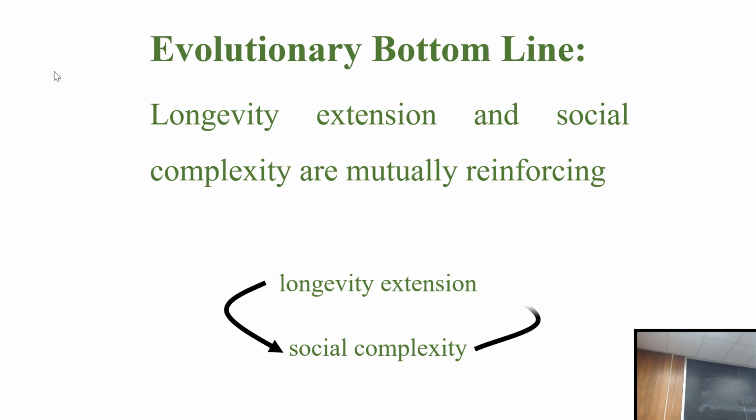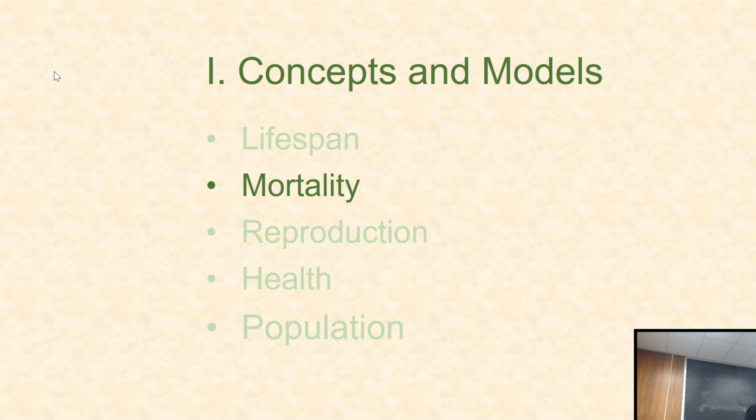Anybody know a hornet's nest or whatnot, those are really defended fiercely, okay? So the bottom line here is that longevity extension and social complexity are mutually reinforcing. You have longevity extension, which sets the stage for greater social complexity, but then this greater social complexity sets the stage for greater longevity, okay? So that's how that works, okay?